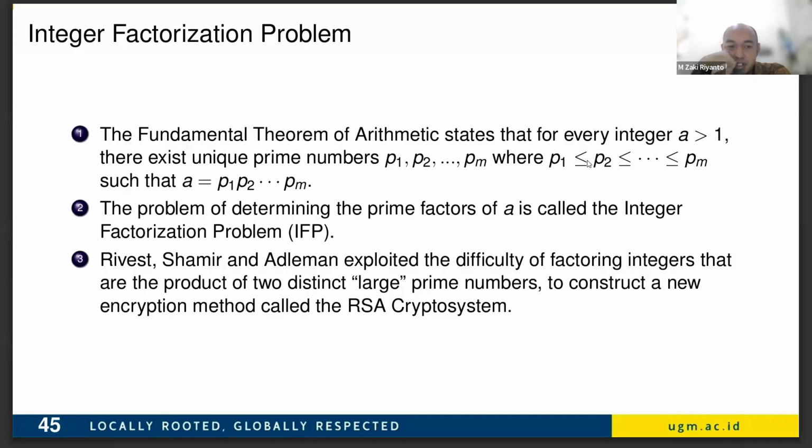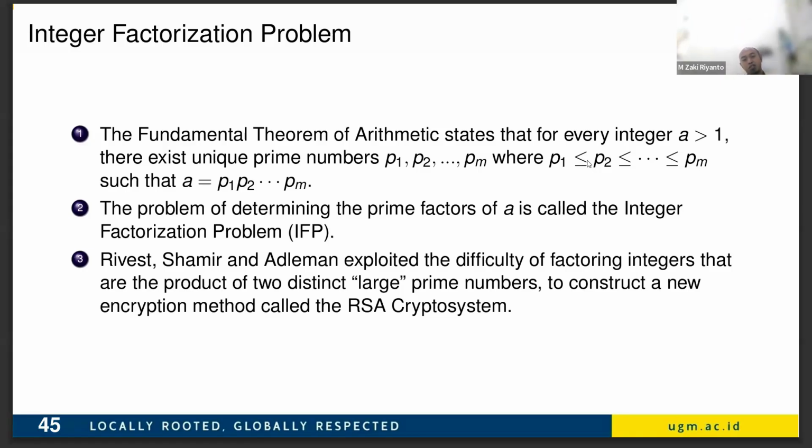the integer factorization problem. We already know from number theory, from the fundamental theorem of arithmetic, that for every integer greater than 1, there exist unique prime numbers P1, P2, ..., PM such that A is P1 multiplied by P2 until PM.